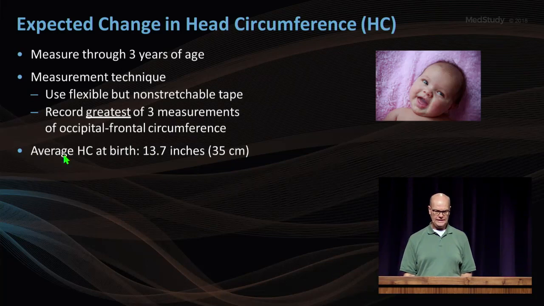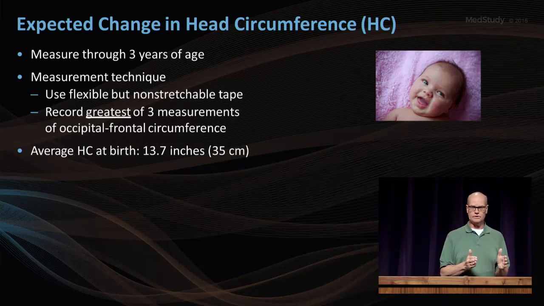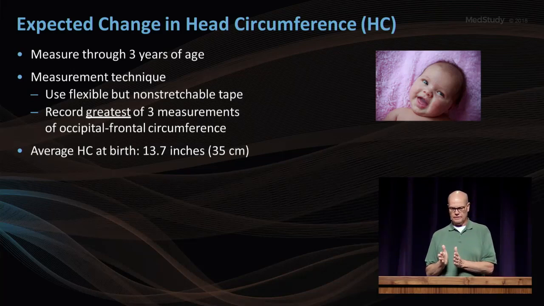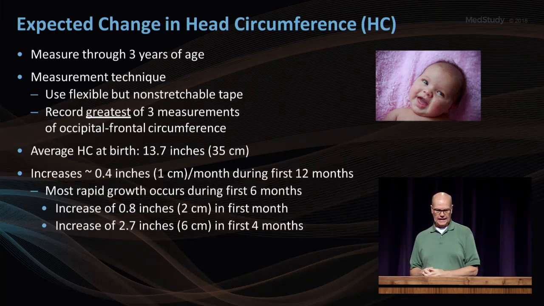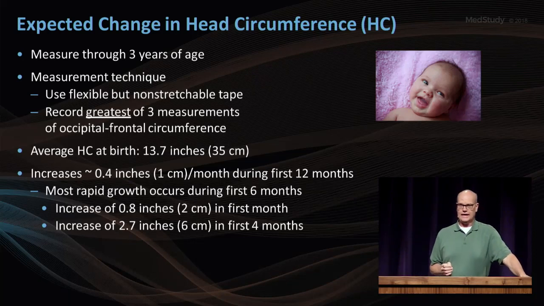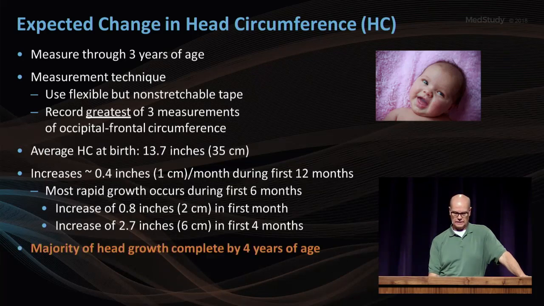Know what the average head circumference is at birth, because when you're provided a head circumference in a newborn, that will help you to assess, without them telling you, because again, they're not going to tell you, whether the child is microcephalic or macrocephalic. And in addition, know that the majority of head growth occurs during the first several months of life, as is outlined here.